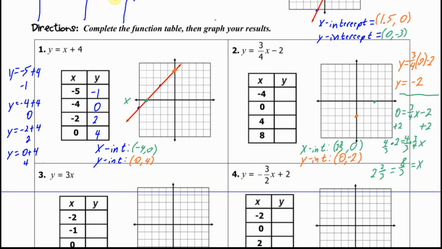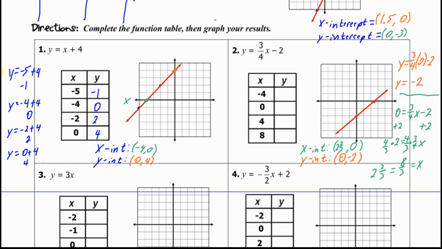And now I can graph my line because I have 2 points. Okay. And so now we've graphed y equals 3/4 x minus 2.